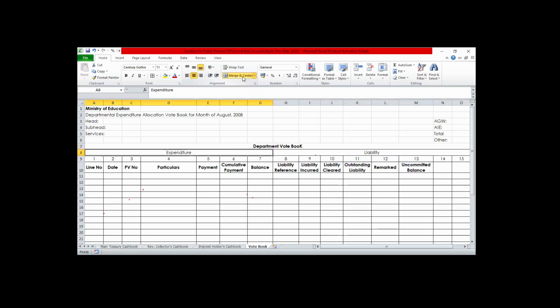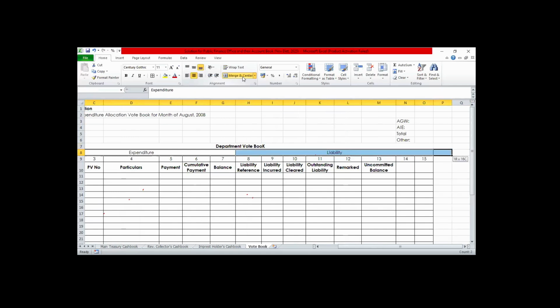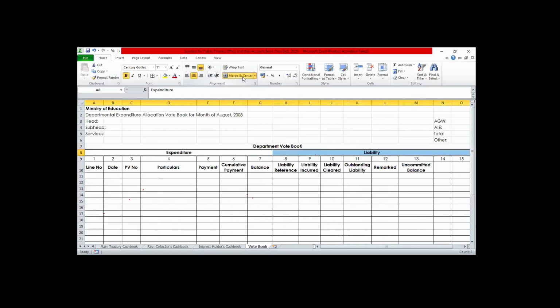Government wants to monitor what they have allocated to you. How do you spend the money? Is it on what they have approved or do you use it for another thing? Now, there is an officer in charge of this. We call it officer in charge of vote book.